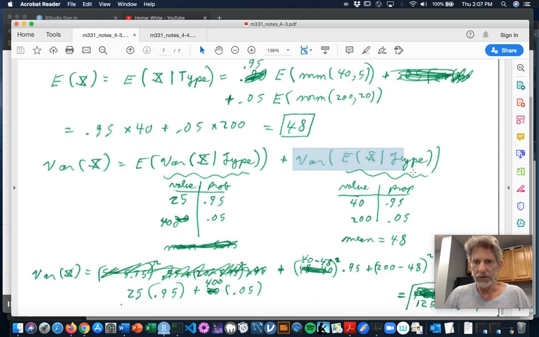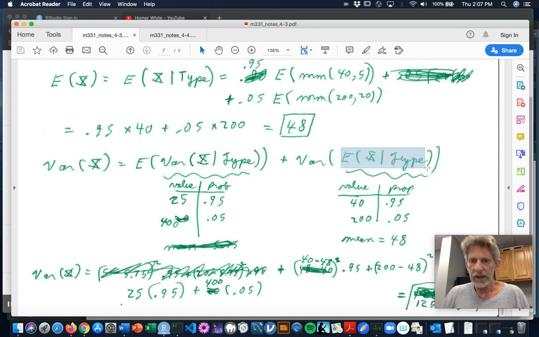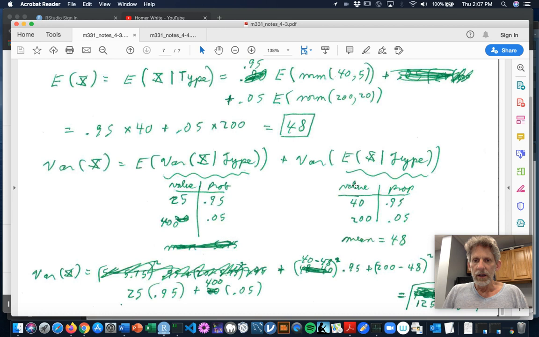Let's head over here for the variance of the expected value of X given type. Again, that is a discrete random variable with two possible values depending on whether type is Ent or type is Hobbit. Suppose type is Hobbit. What's the expected value of your height if you're a Hobbit?